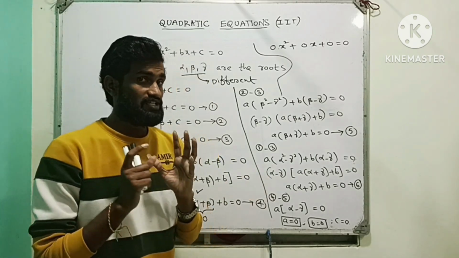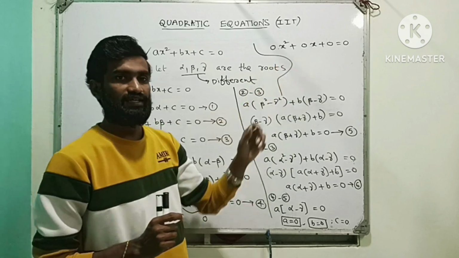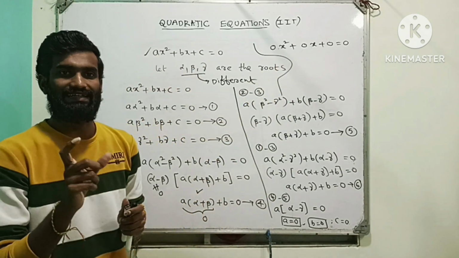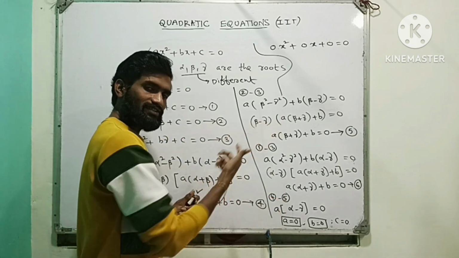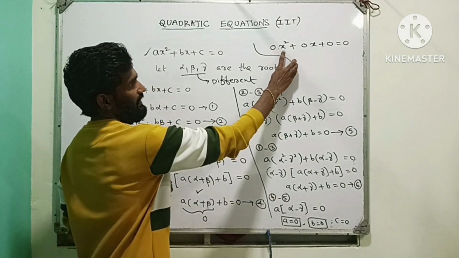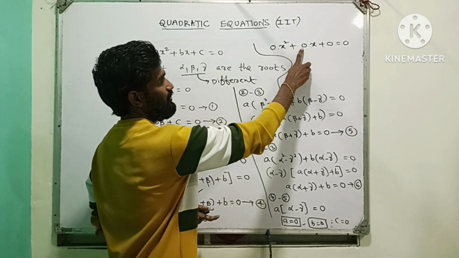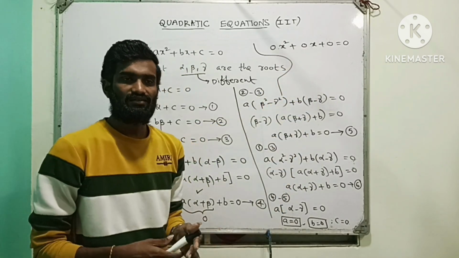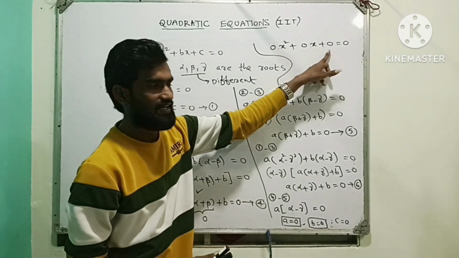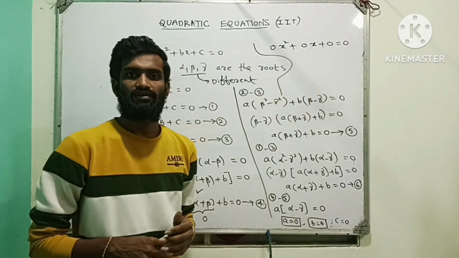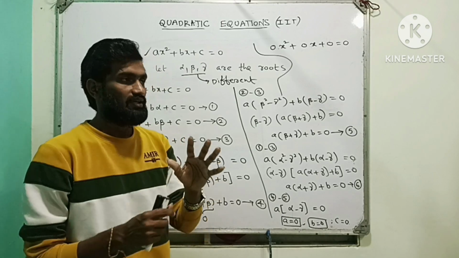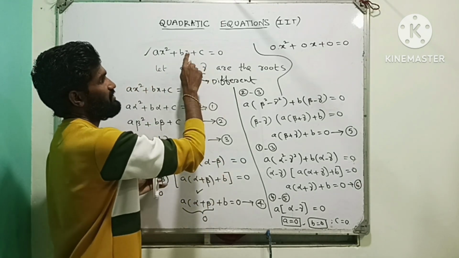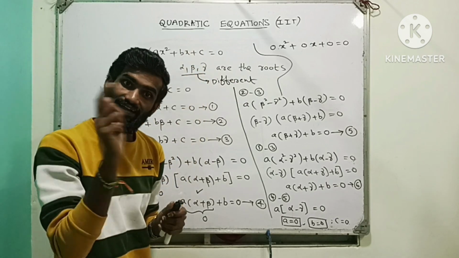Now if I substitute one more root, delta, what I will get is 0 into delta square, 0 into delta, 0, so 0 plus 0 plus 0, we are getting 0 equals 0. Which means not only alpha, beta, gamma are roots of this equation, delta is also a root of this equation.